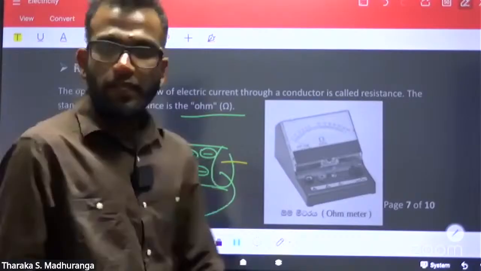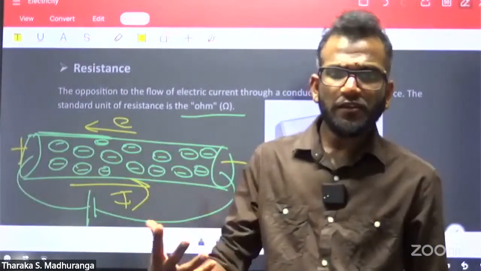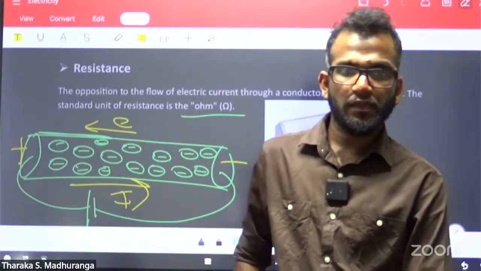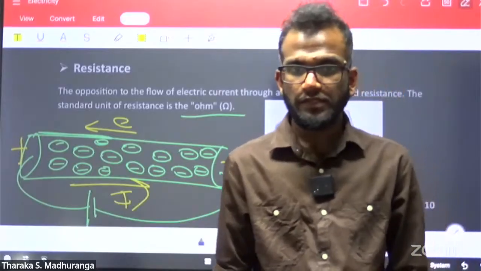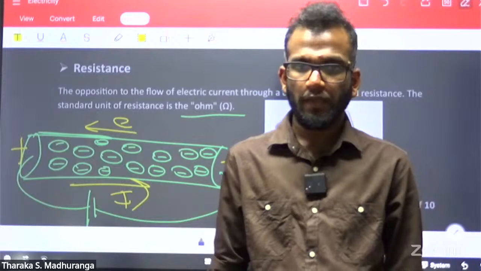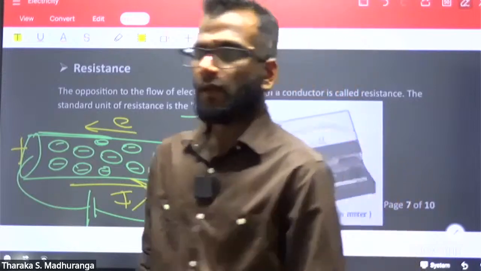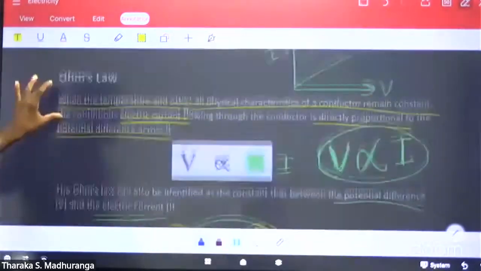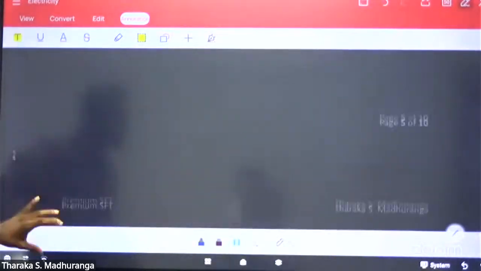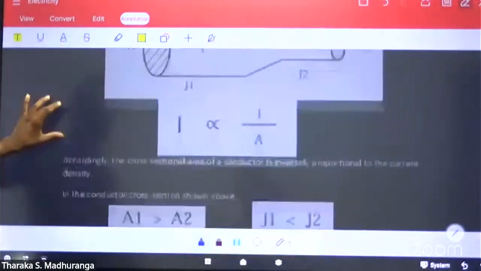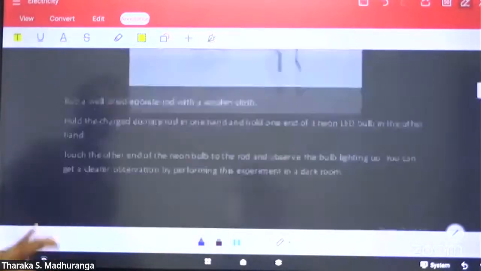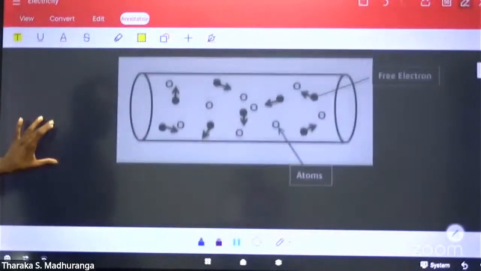Yes, due to barriers. What are the barriers? If you go to the previous figures I gave, you can understand how resistance is forming. Previously I showed the electric current flowing there.